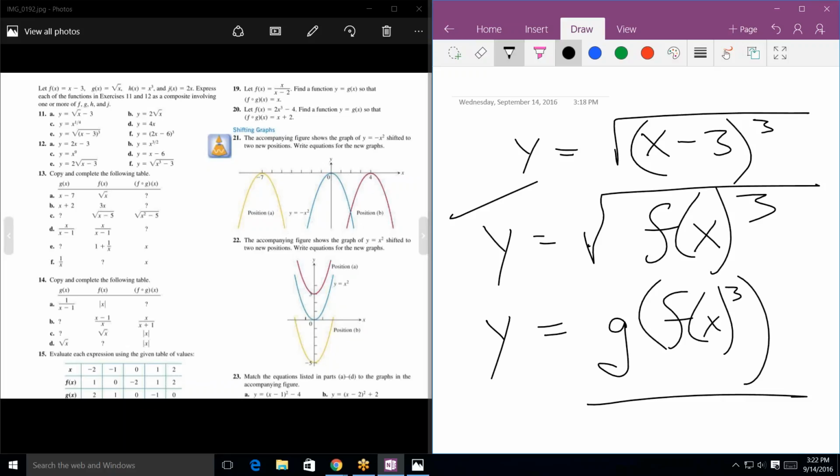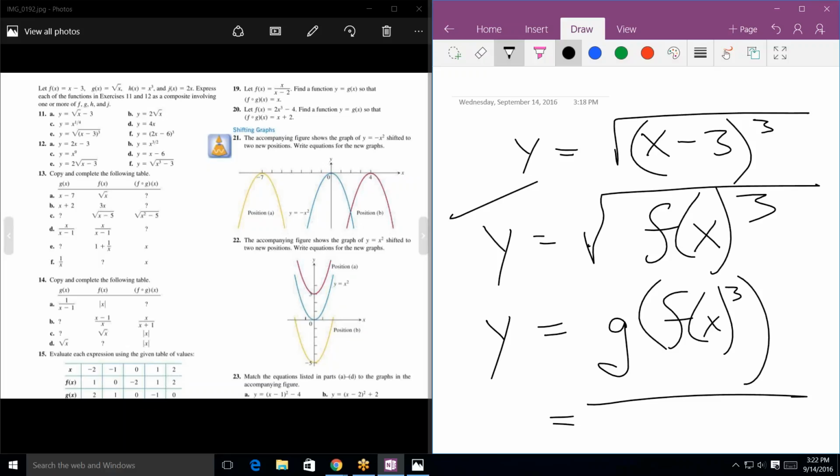Okay, I think I found it. So that is number, which number is that one? 11e. I see g, open parenthesis, h, open parenthesis, f, open parenthesis, x, then 3, close parenthesis. Oh, correct, because f of x cubed can be stated as h of x.